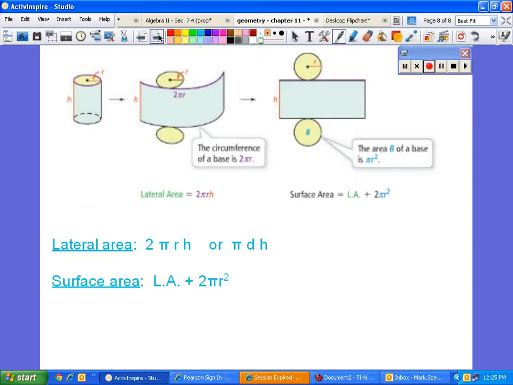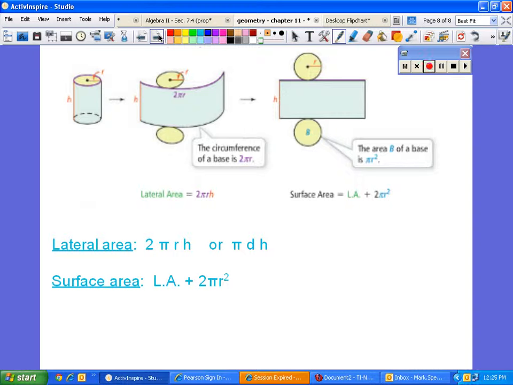Instead, what do we call it? Circumference. The distance around a circle is the circumference. If you remember back to probably pre-algebra, the formula for the circumference of a circle is either 2 pi r, 2 times pi times the radius, or pi times the diameter, because remember the diameter is 2 times the radius.